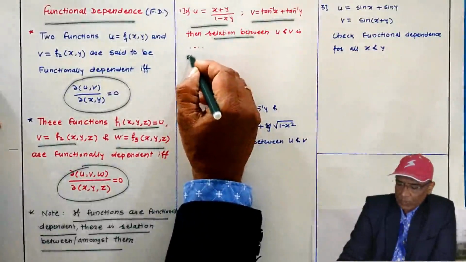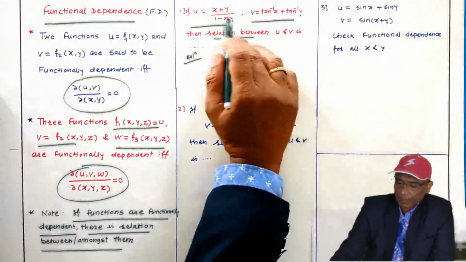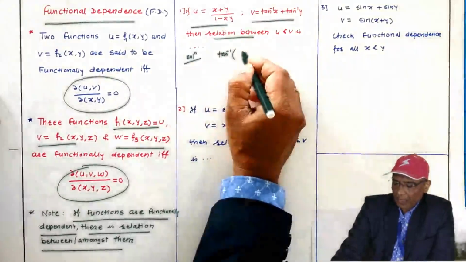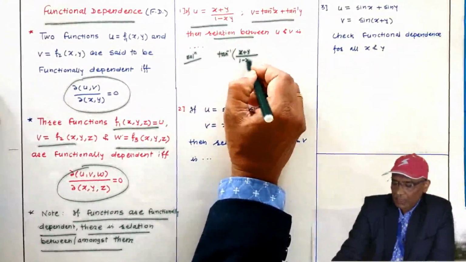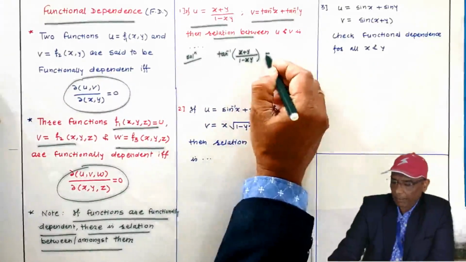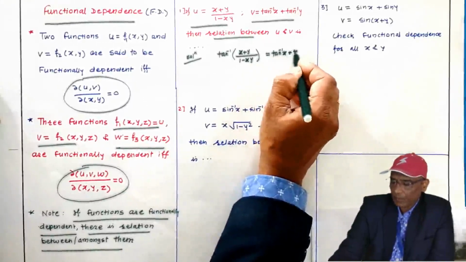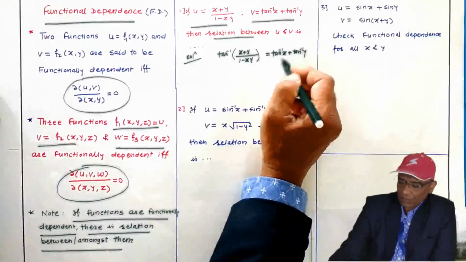Now if you look at this function very carefully, tan inverse x plus tan inverse y equal to this, then we have a trigonometric formula. Tan inverse of x plus y by 1 minus xy equals tan inverse x plus tan inverse y. This is the trigonometric formula we know, and we have used this formula in 11th to 12th standard also.